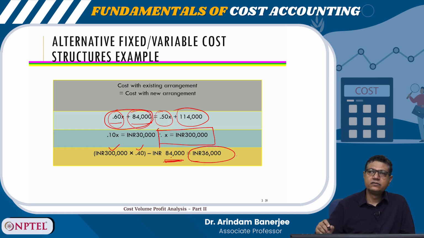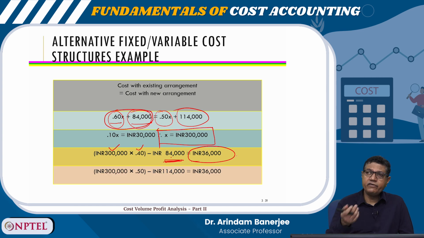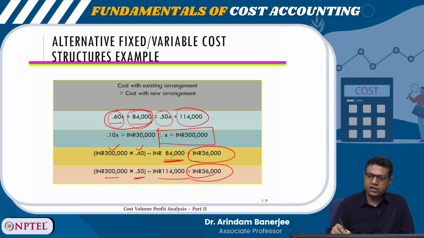So, I am getting the operating income. And if I follow the new arrangement, you see 3 lakh into 0.5, which is the new contribution margin, minus the new fixed cost 1,14,000, it is the same, right. The operating income is the same in both the cases, that is 36,000.